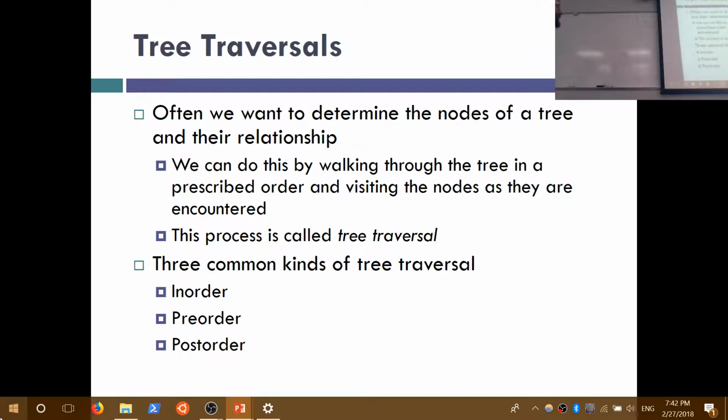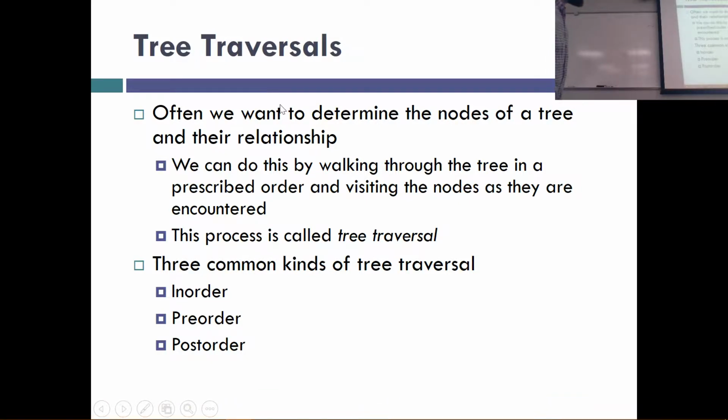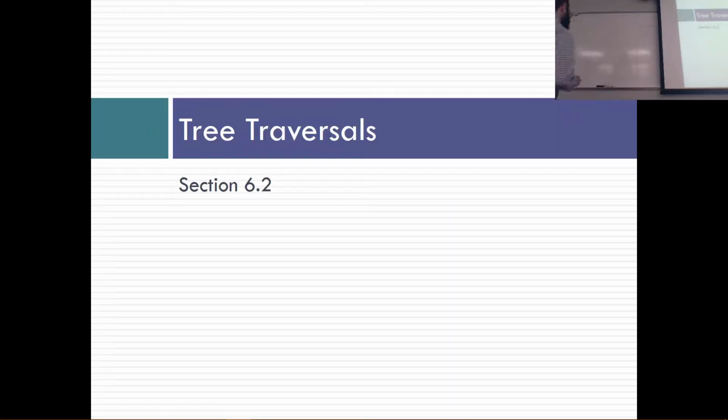So, tree traversals. How do we go through this tree anyway? Say we've got a tree like this: 50, 25, 100, 50, 25, 75, 100, 10, 35 over here, 40, 30.